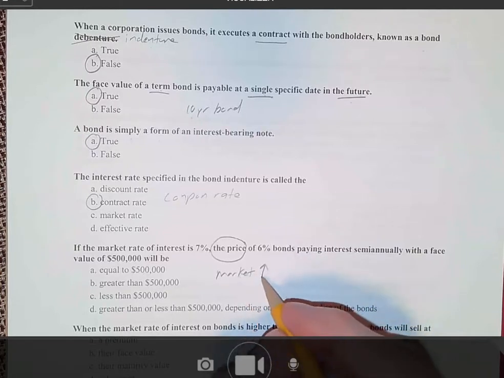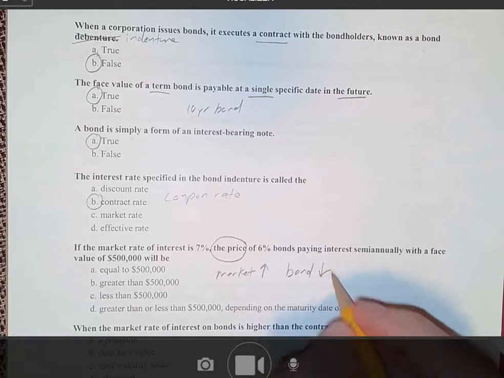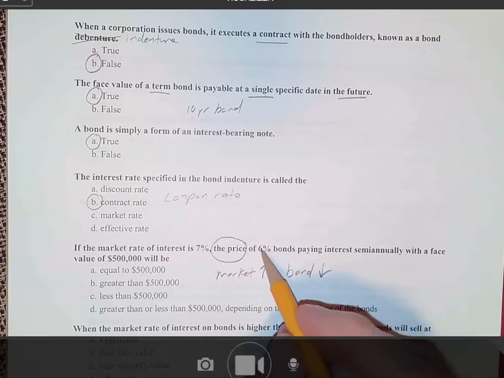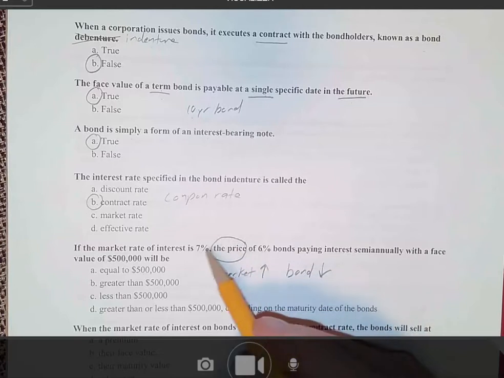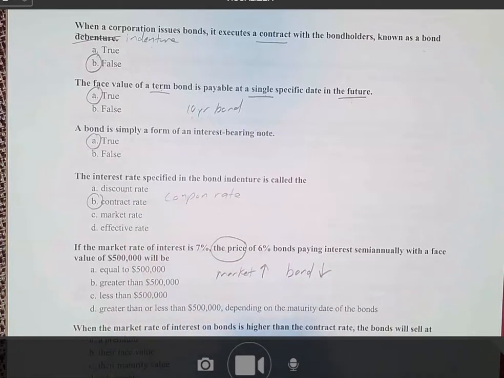So when the market rate is higher, the bond price goes down. We have to discount the bond, okay, to make up for the fact that we're only paying 6% interest when the going rate is 7% interest. This is also why we don't use the term discount rate with regard to bonds, because it can become confused with a discounted bond. So the answer to the question, given this scenario, is going to be choice C.